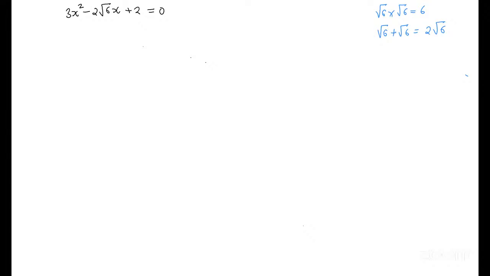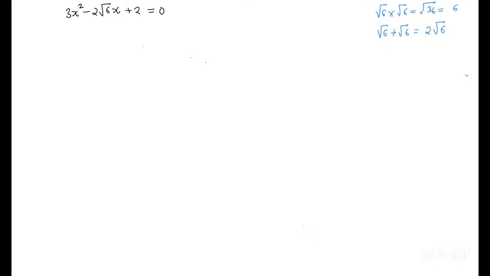We should have this knowledge before doing this. Whenever you multiply root 6 into root 6, it becomes root 36, and the value of root 36 is 6. Did you understand what I'm trying to say? Yes or no? Yes, sir. And root 6 plus root 6 is 2 root 6.